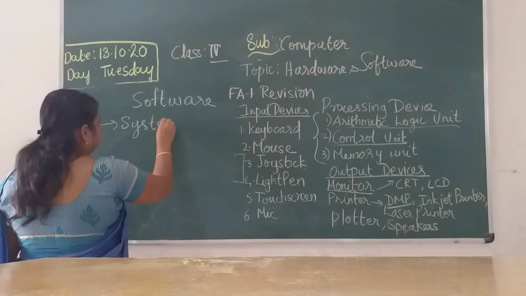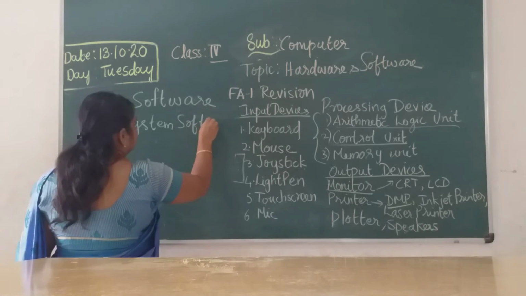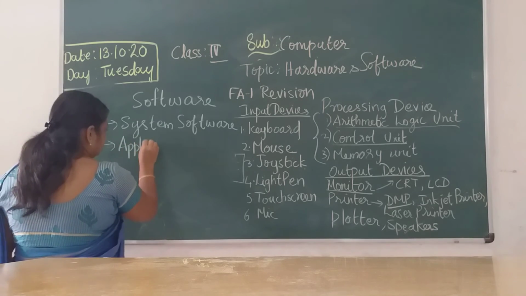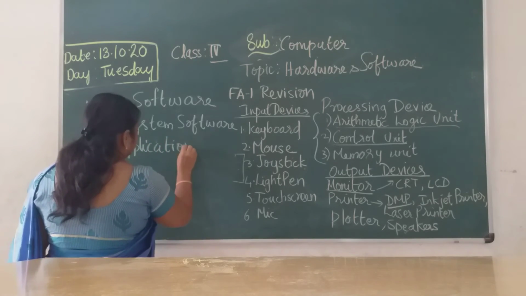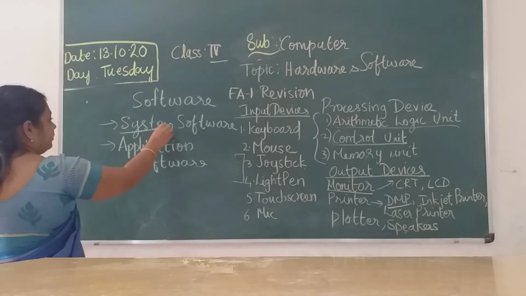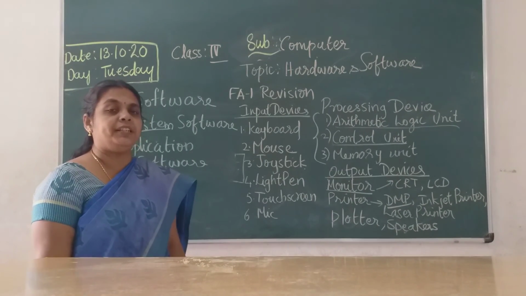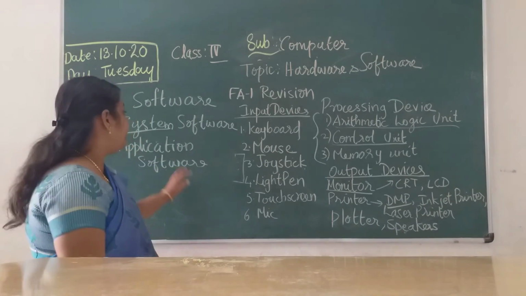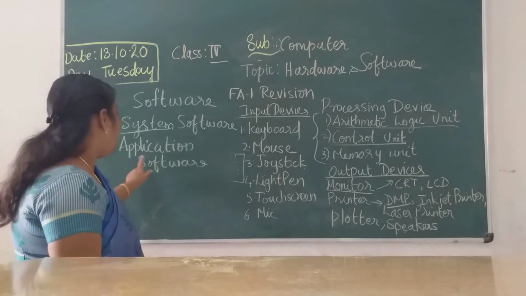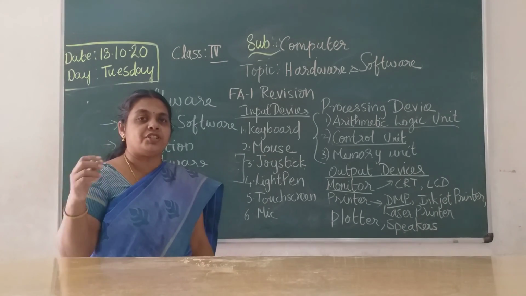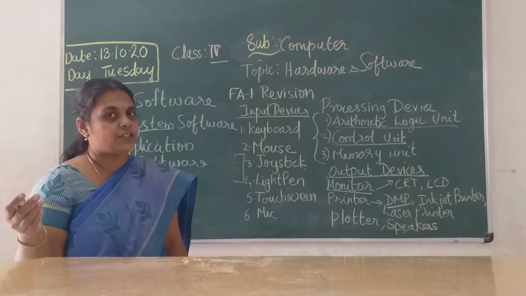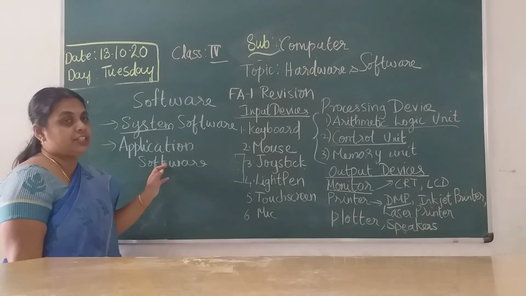System software means programs which help in the running of your computer, for example your operating system. Application software is for general usage, and it has been designed like MS Paint, MS Word, and MS Office tools. All of these come under application software.